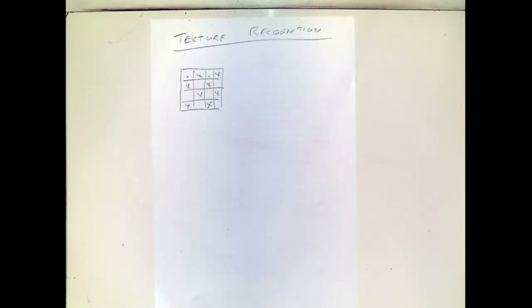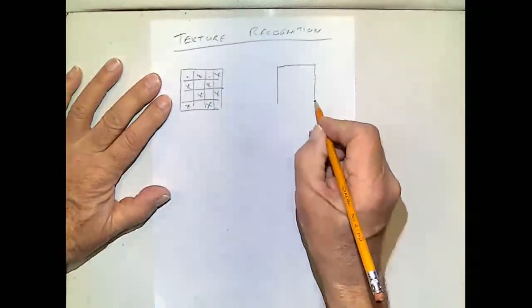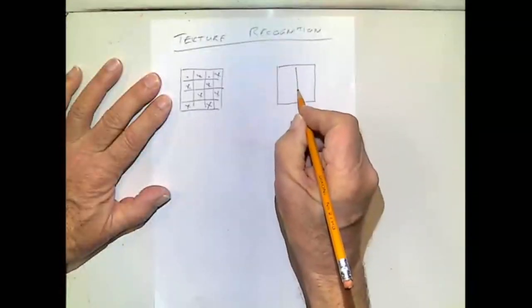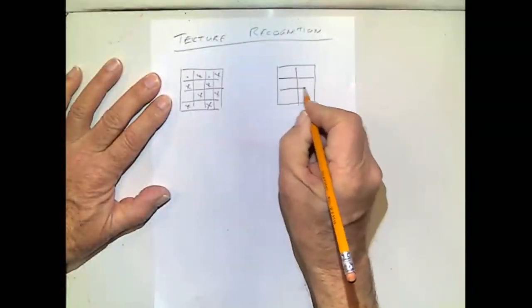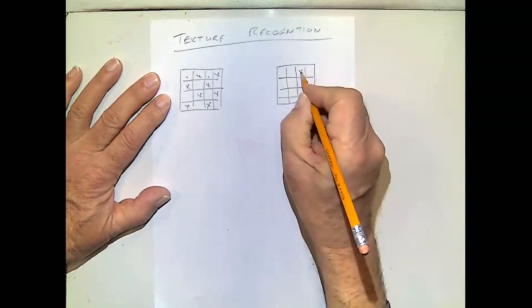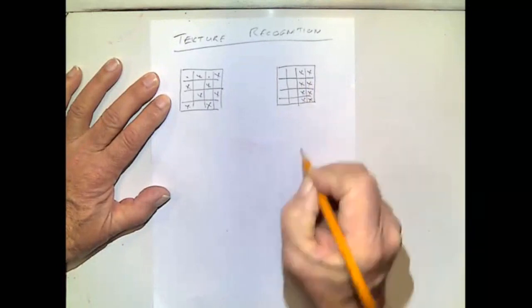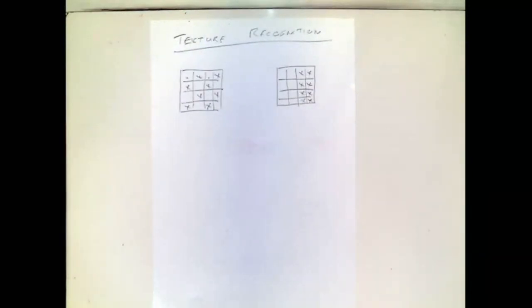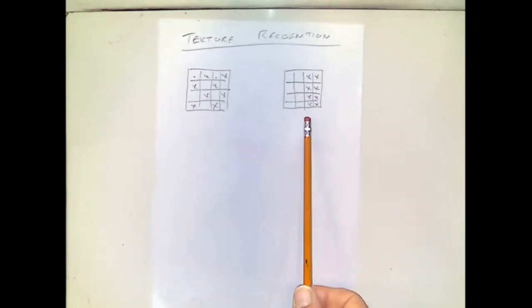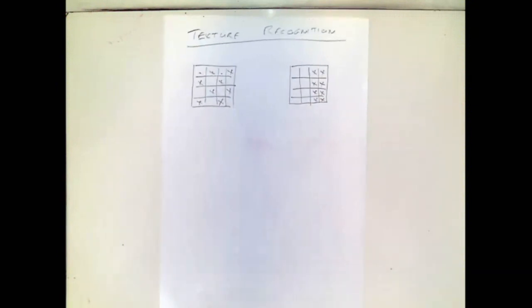And if I compared that with a second texture, and here we've got exactly the same number of black pixels. This is very much a low frequency texture. White just going to black. This is a checkerboard, high frequency.